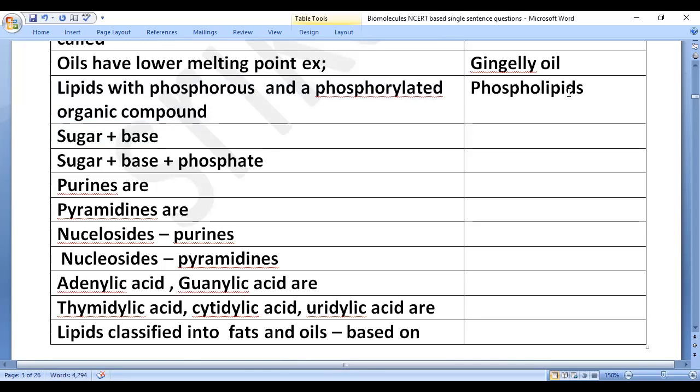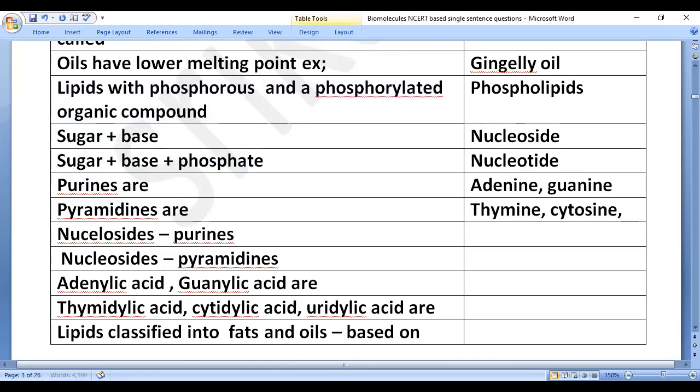Sugar plus base: nucleoside. Sugar, base, phosphate: nucleotide. Purines are adenine and guanine. Pyrimidines are thymine, cytosine, uracil.